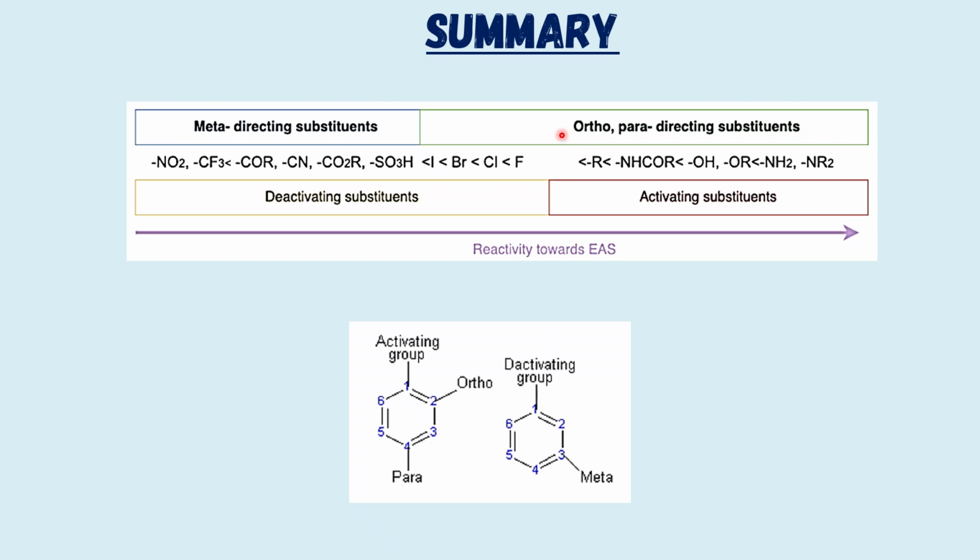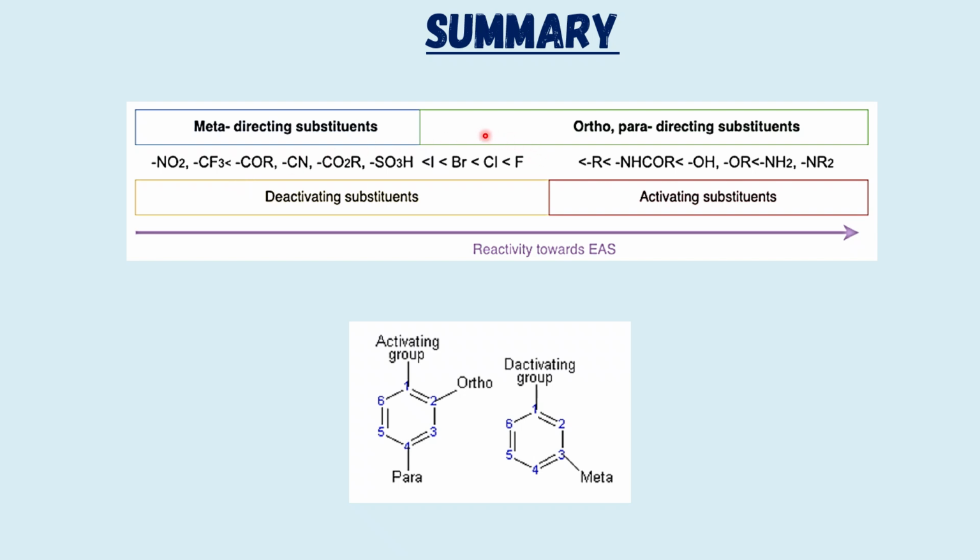But if we have electron withdrawing group, they deactivate the benzene ring, due to which the electron density at ortho and para position decreases, but comparatively meta position will have slightly higher electron density. Hence, due to that, meta will be the favorable position for the substitution.